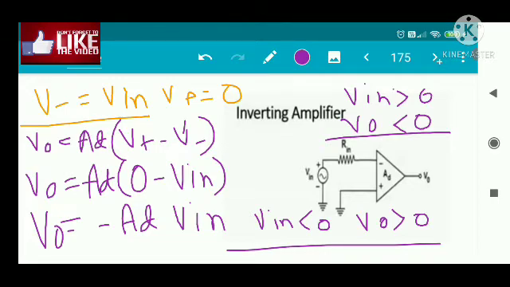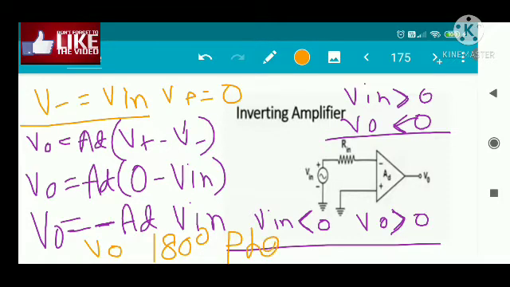You can see if V in is greater than 0, V0 is less than 0. If V in is less than 0, V0 will be greater than 0, because there is a negative sign here. So you can say that V0 has a 180 degree phase shift with the input.